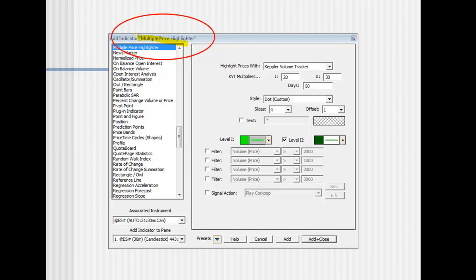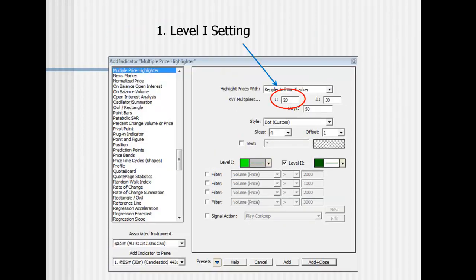So once you choose the multiple price highlighter, you want to select the Kepler volume tracker out of the different options that you are going to highlight here. And once you've selected that, now you need to come in and put in the settings. These settings will vary from one instrument to the other, and typically it'll either be 10, 20, 30, 40, or 50.